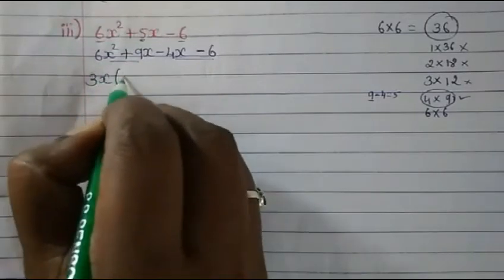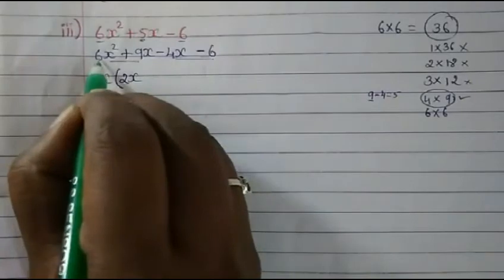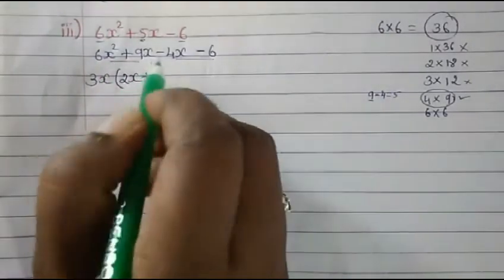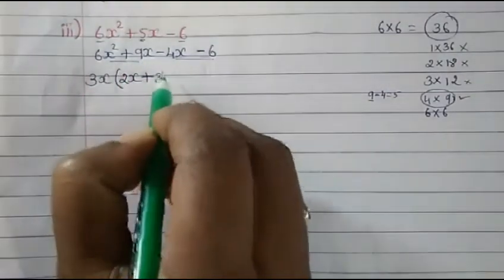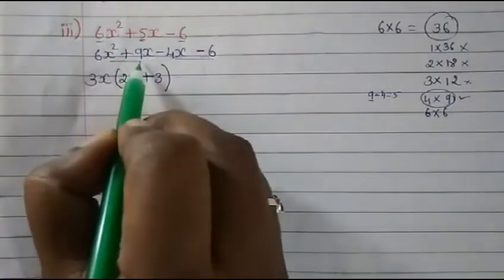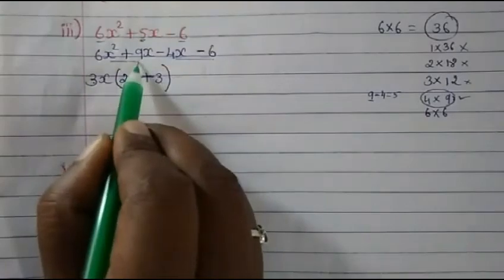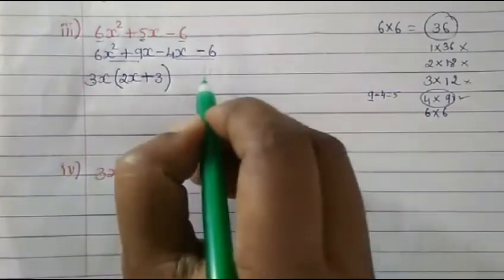Now what will we have? 2 times x, because 3 2s are 6, and x into x square. Then plus, now 3 is out, so 3, because common x is out. This is divided by 3 totally, so 3 3s are 9. Now if you multiply this, you will get this.